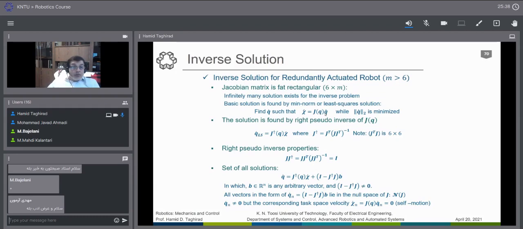This is a very good solution because with minimum energy of our actuators, we can get to that point.